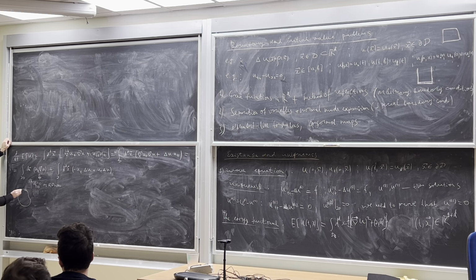So there is a boundary, and there is some normal vector to this boundary.